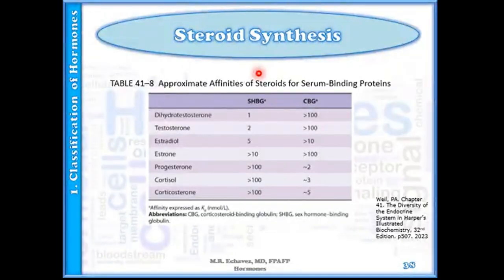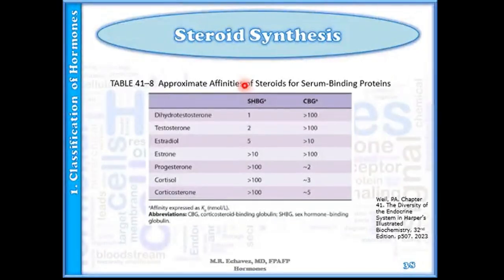Many of these conditions also affect the production of CBG and your TBG. Since your SHBG and albumin bind 97 to 99% of circulating testosterone, only a small fraction of the hormone is free in circulation. That small fraction is biologically active.